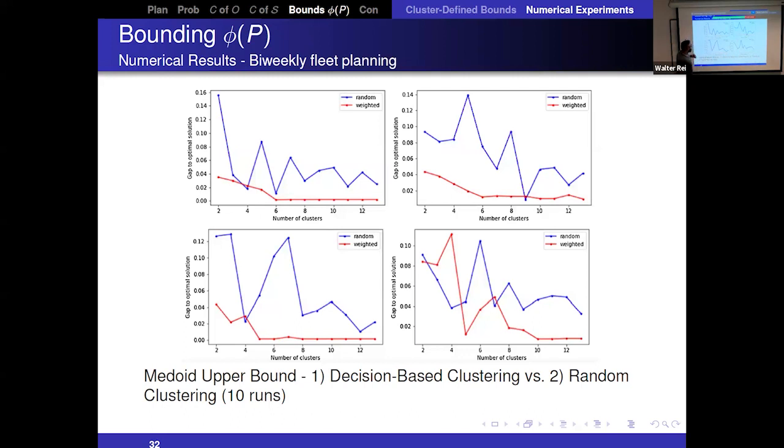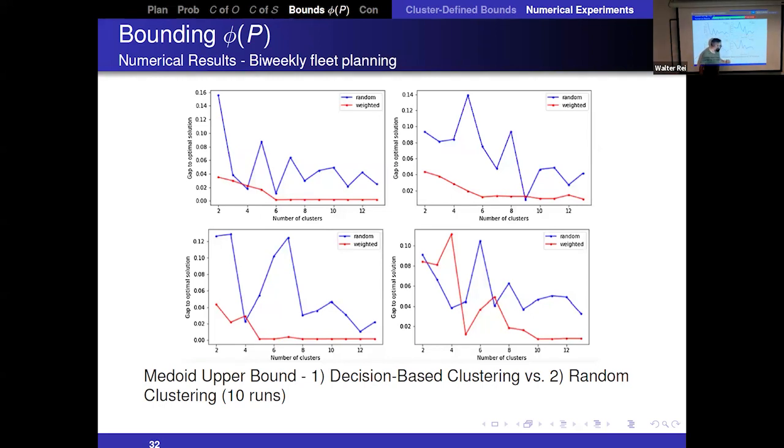What we're seeing here is that the medoid upper bound is actually giving us very good results in terms of gaps, at least beyond 6 clusters. In this case here, we need a bit more, 10, in order to reach a close to optimal solution.